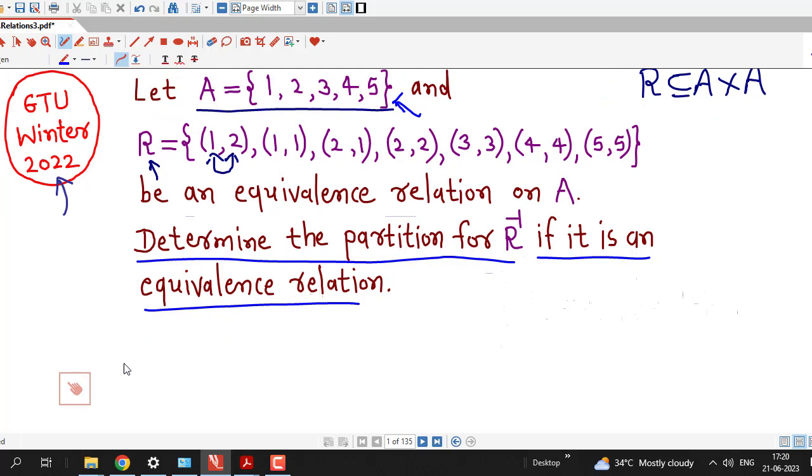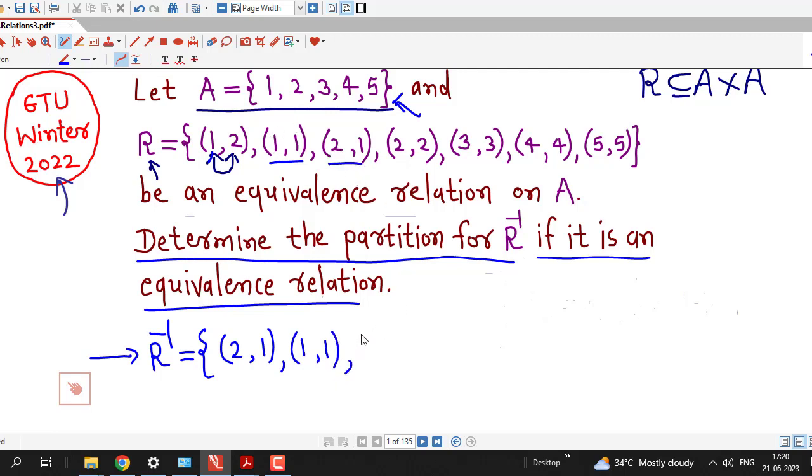And here first we can write down the inverse of the given relation R simply by interchanging the order of components in each ordered pair present in this relation. The first ordered pair is (1, 2). (1, 2) belongs to R, therefore (2, 1) belongs to R inverse. For (1, 1) we will get the same ordered pair if we interchange the components.